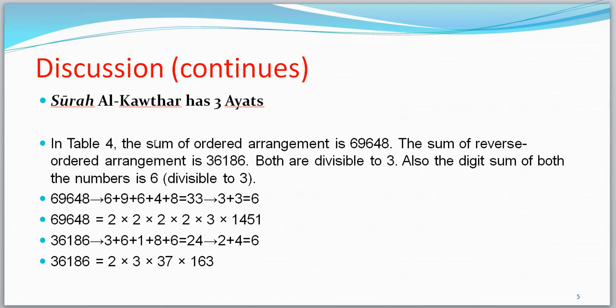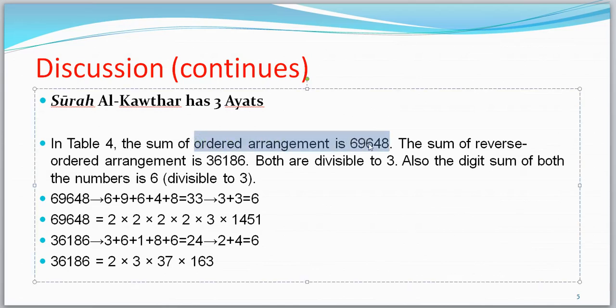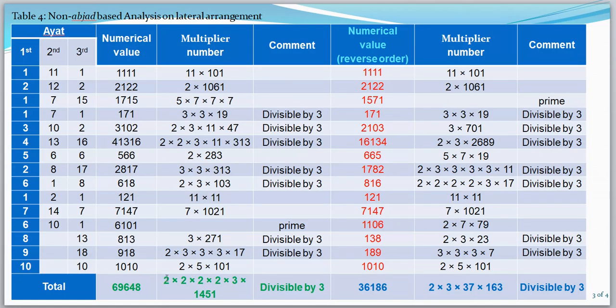In table 4, the sum of ordered arrangement is 69,648, and the sum of reverse ordered arrangement is 36,186.